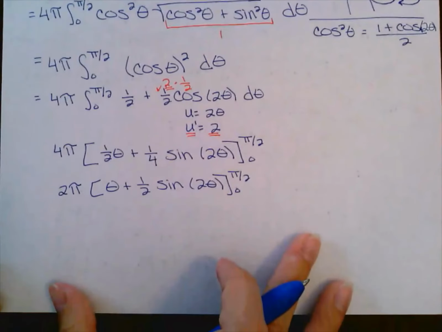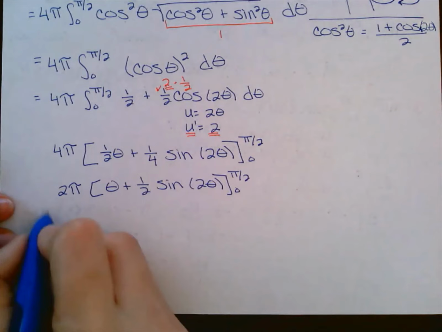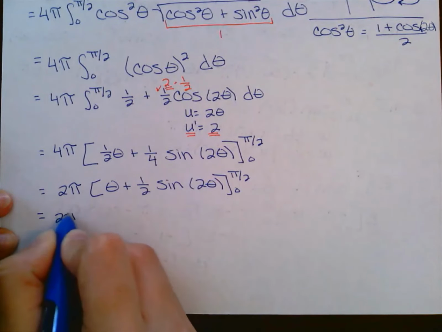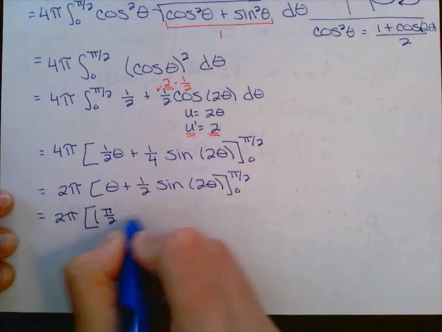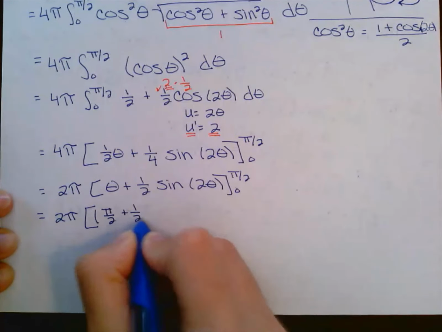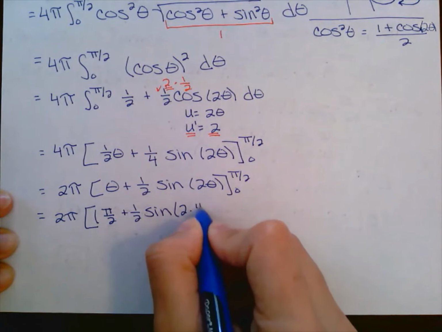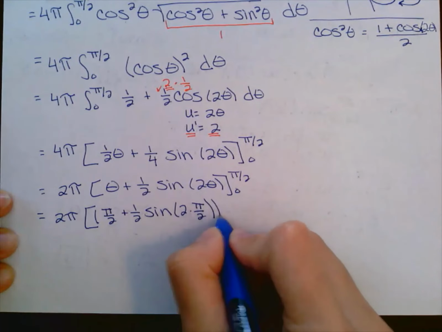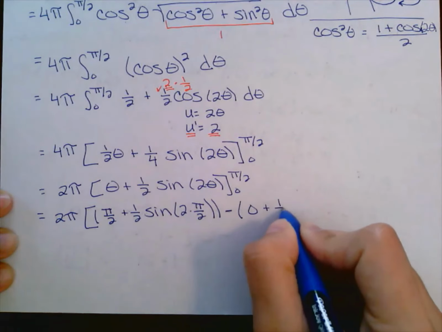Remember that zeros do not automatically disappear in f of b minus f of a when there's a trig function. So I have 2 pi, my function at b, minus my function at a.